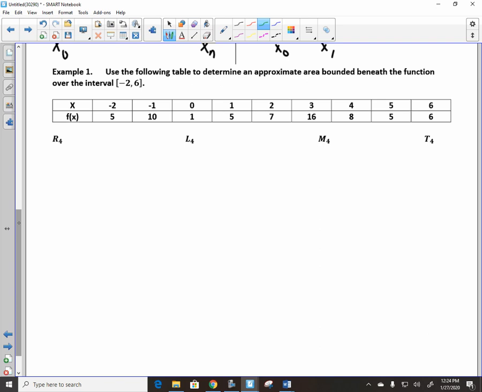So what is the width of the entire interval? 8. If we have 4 subintervals, what's the width of each one? 2. So I have 2 times. Our first interval is -2 to 0, then 0 to 2, 2 to 4, 4 to 6.